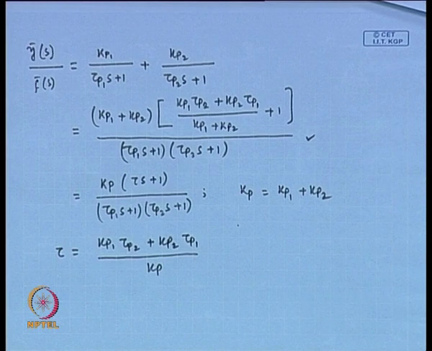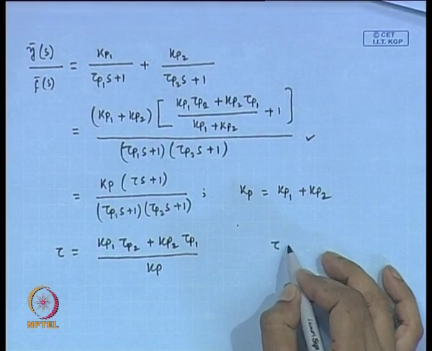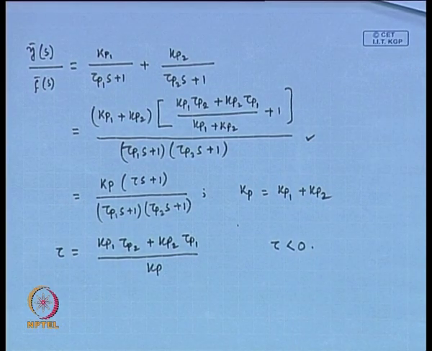This is the tau. So, for a positive zero, tau should be less than 0. Agree?